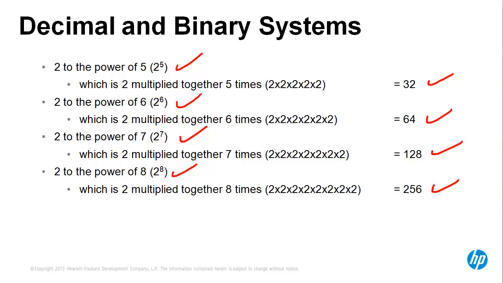So some basic math. Essentially, 2 to the power of a value is that value multiplied by itself, in this case 2, multiplied 8 times, which gives you 256. This kind of basic math is really important when working with binary, IP addressing and subnetting.